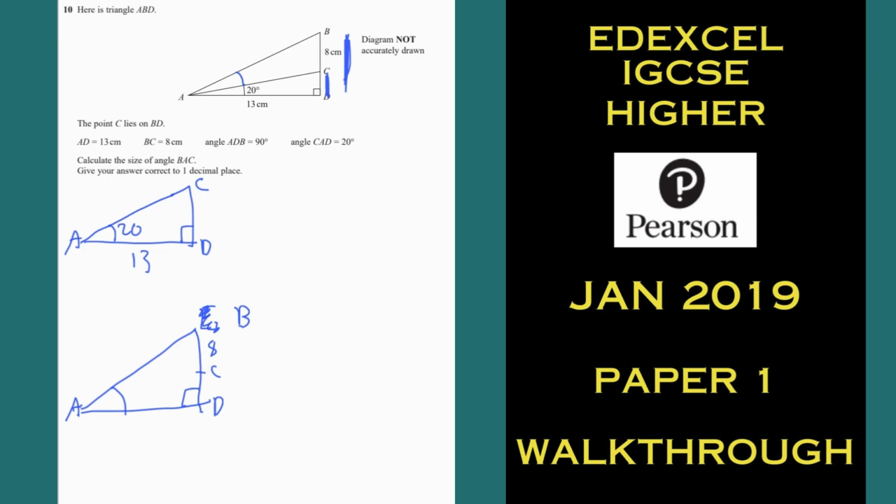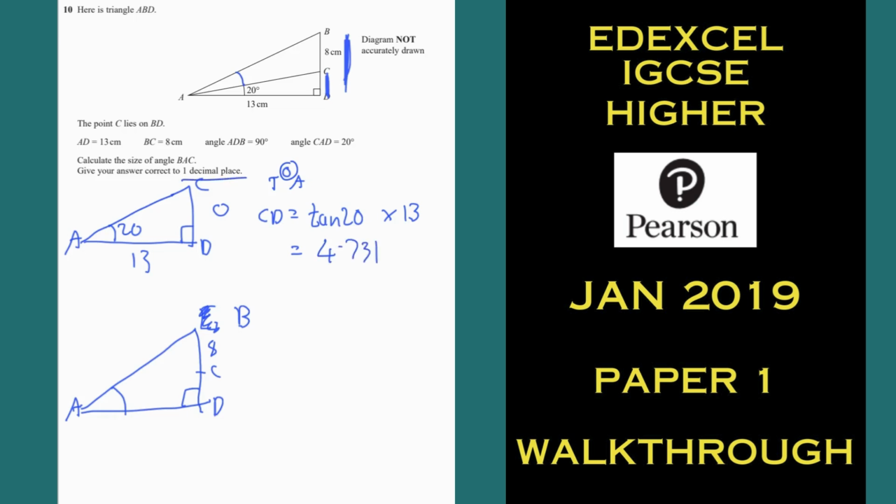So let's work out C to D, which is the opposite. A to D is the adjacent. So this is a TOA, part 1. So C to D, which is the opposite, is going to be tan of the angle multiplied by the adjacent, and I get 4.731.